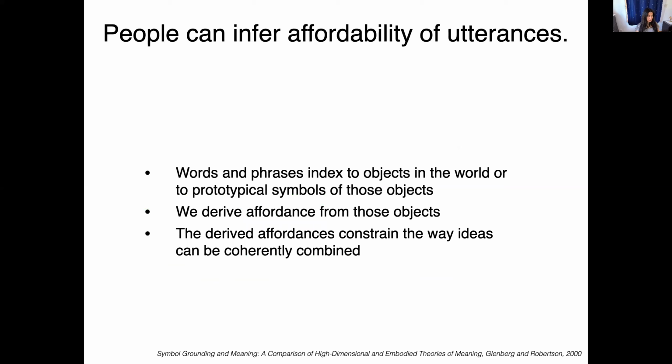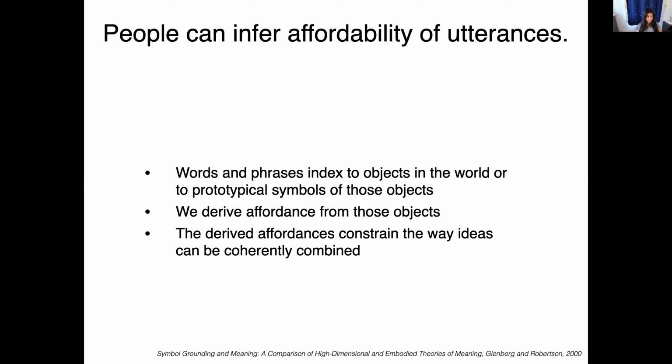Glenberg and Robertson in their paper give an explanation regarding how humans process natural language. They say that words and phrases index into objects and prototypical symbols that retain perceptual properties like size and appearance, and they derive affordances from those objects: what these objects can do, how they can be combined.